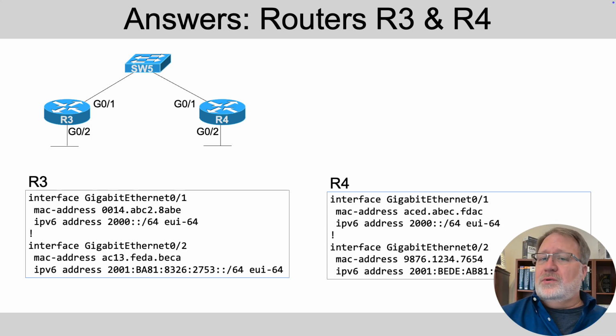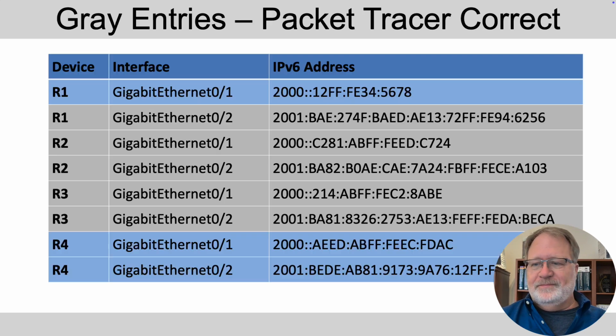Now, I'm going to walk you through things in the demo and look at these in a little more detail with show command output that shows the results. Additionally, as a reminder, these gray ones, R1's second interface and both of R2 and R3's interfaces, work correctly in Packet Tracer. So when you're testing, your math should work out correctly.